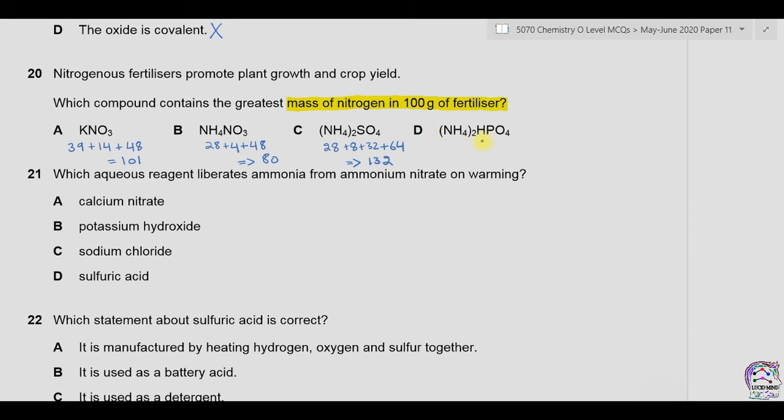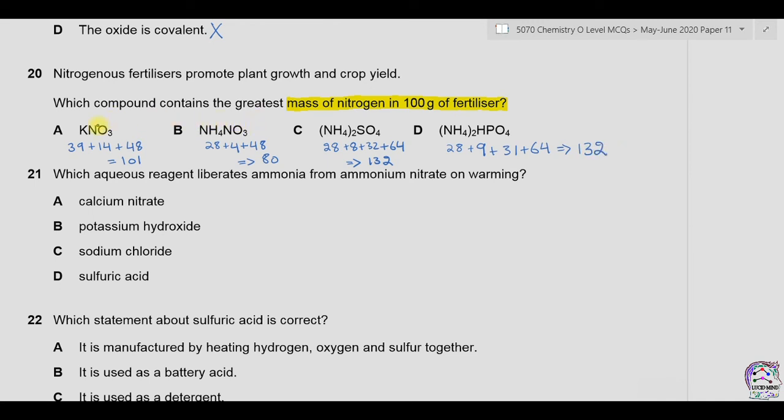For D, ammonium hydrogen phosphate, we again have 2 nitrogen atoms, so 28 for nitrogen. 8 hydrogen atoms are present in the bracket and 1 is outside the bracket, so therefore there are 9 hydrogen atoms. 1 phosphorus atom, the atomic mass of phosphorus is 31. There are 4 oxygen atoms and the atomic mass for 4 oxygen is 64. So therefore total atomic mass is again 132.